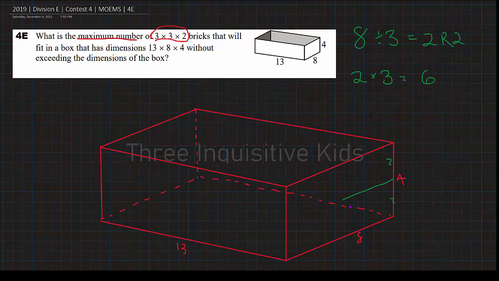So this line right here stretches out a bit more, maybe to over here, and this is a 6. And we do know that we can have 2 of these bricks over here.